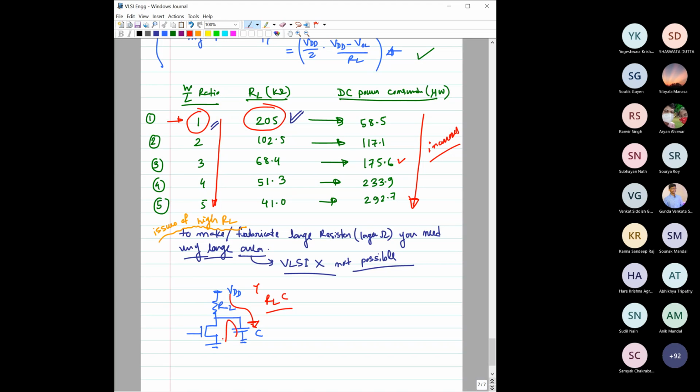When it is discharging through this MOSFET, if you choose R_L as very high, the charging time of this capacitor would become extremely high compared to the discharging time. That means the switching cycle will become asymmetrical: the charging is very long, the discharging is quite fast.